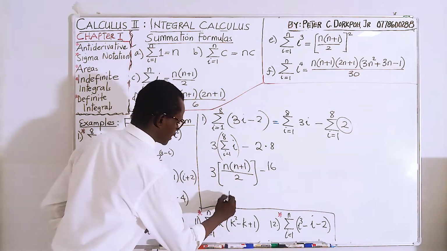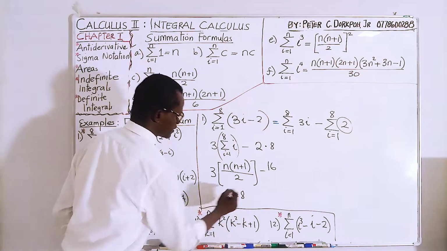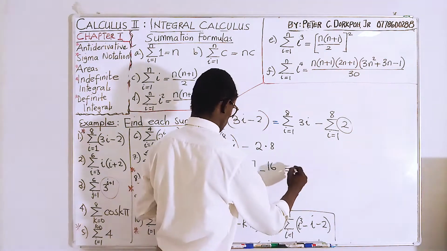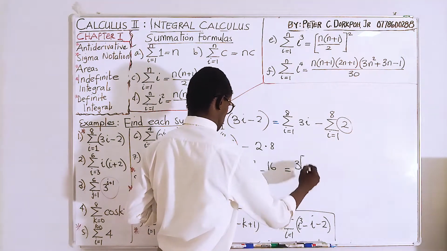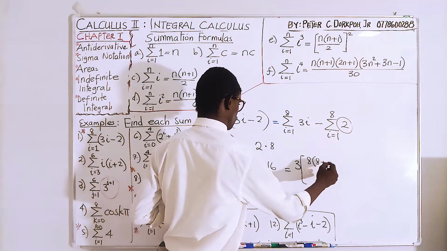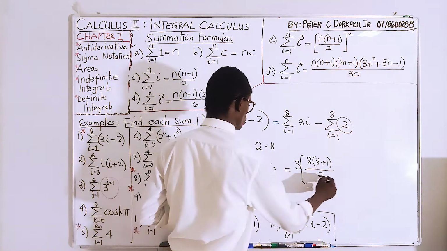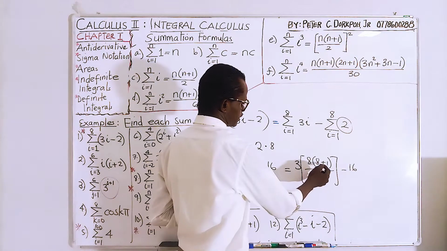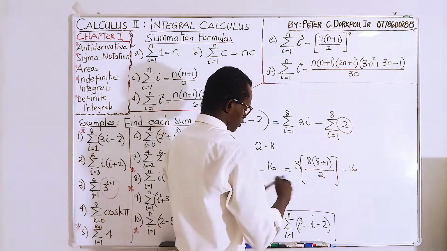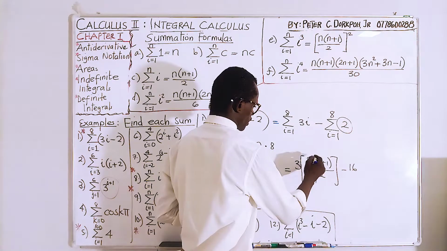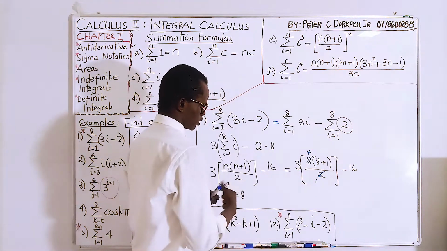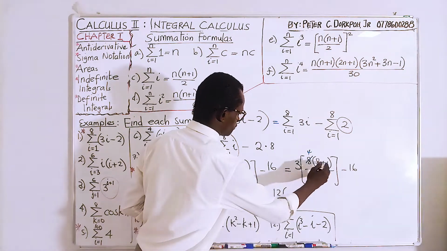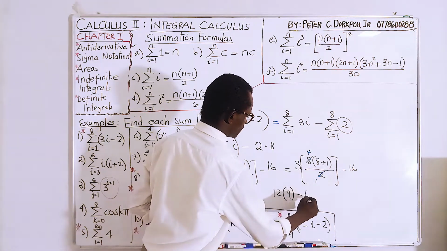But now what is n? n is equal to 8. Therefore, we have 3 times 8 times 8 plus 1 all over 2, minus 16. Let's reduce this: 2 into 8 goes 4 times. So we have 3 times 4 is 12. 8 plus 1 is 9, minus 16.